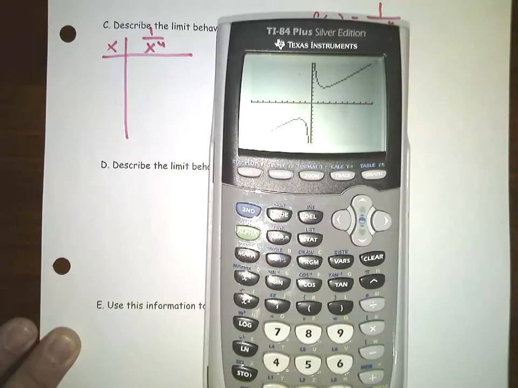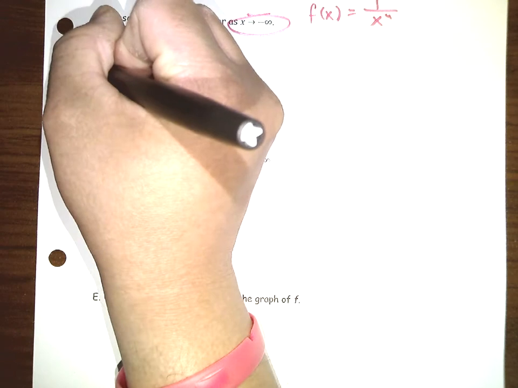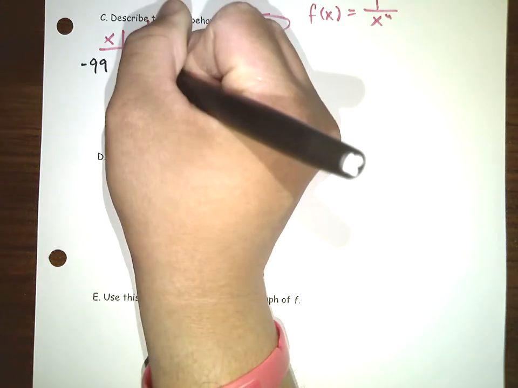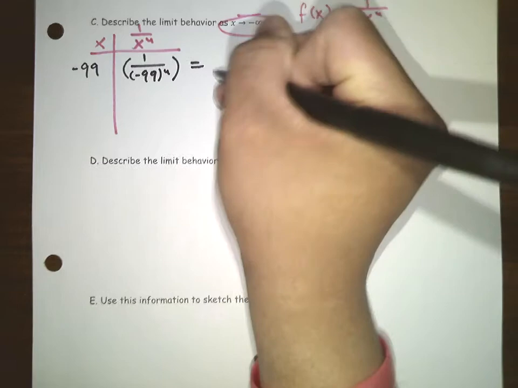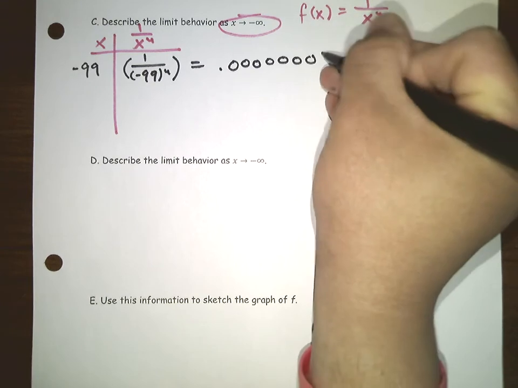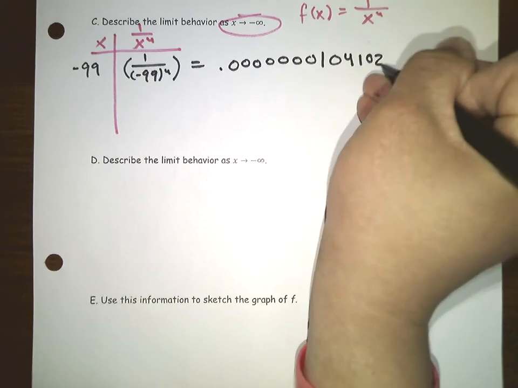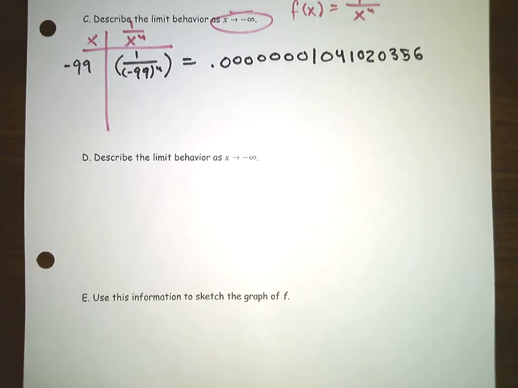If I pick negative 99, so 1 over negative 99 to the fourth power, that's 0.0000000104102035 6. I get something very, very small already, so I'm pretty confident that this is going to be almost 0.